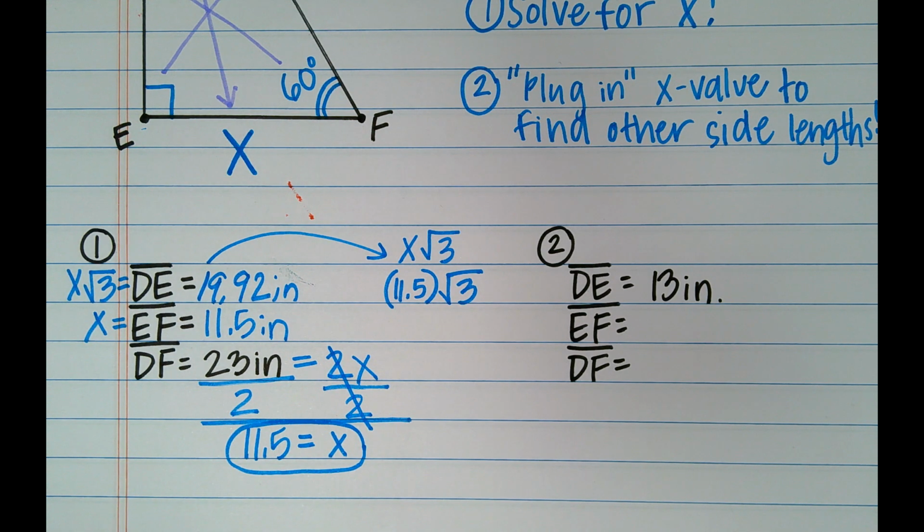Okay, so this is 13, you plug that in there, right? You would plug in once you know X. So the first thing you want to see is this first step: do I know what X is?